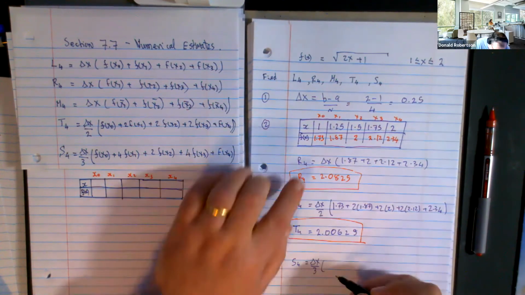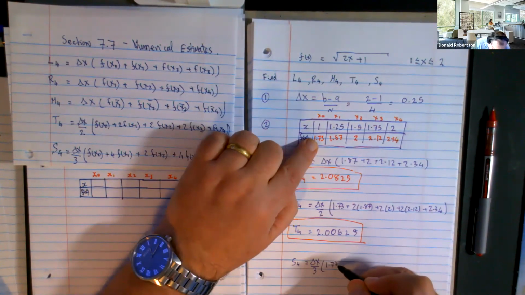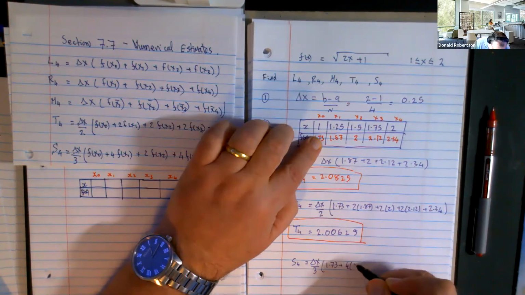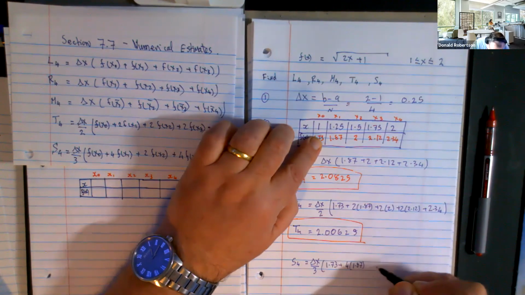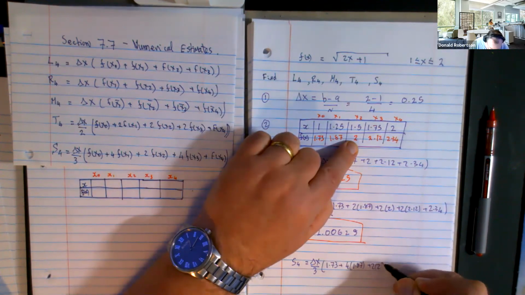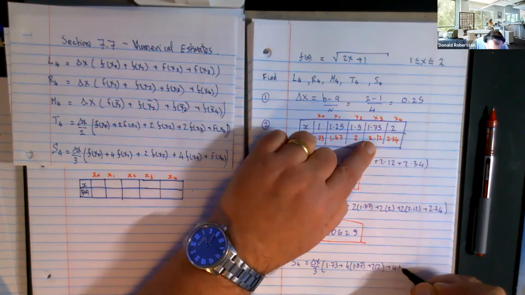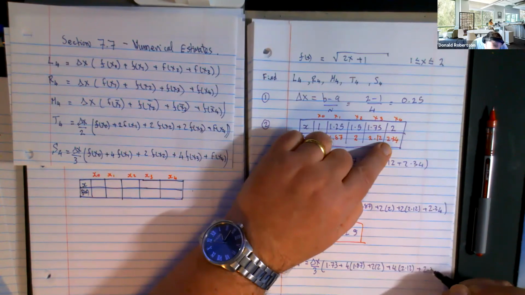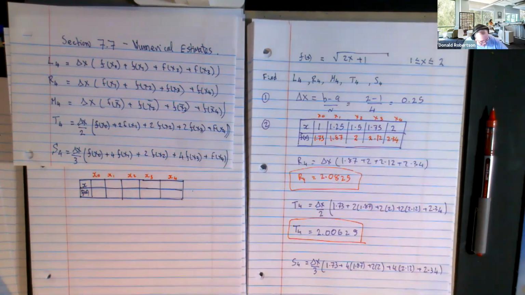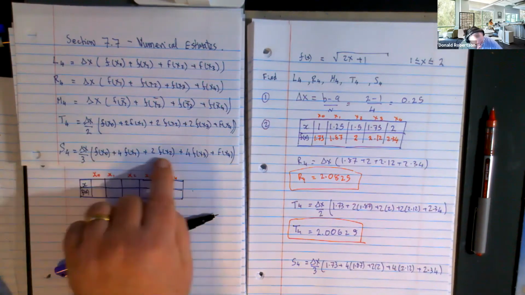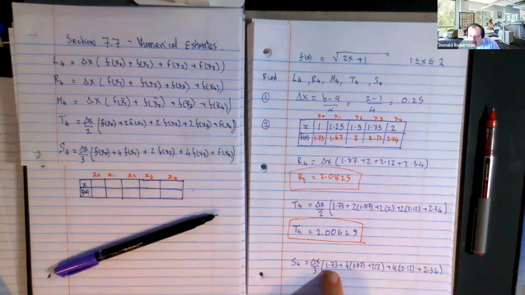So that's going to be 1 of these guys, 4 of this guy, 2 of this guy, 4 of this guy, and finish with 1 of the last guy. Can you kind of follow the instructions of why I'm doing what I'm doing to each of these values?